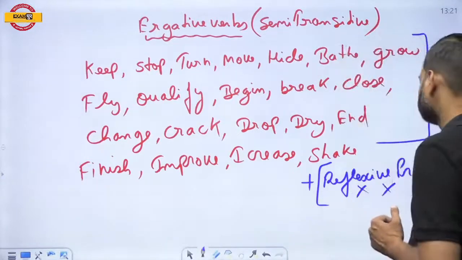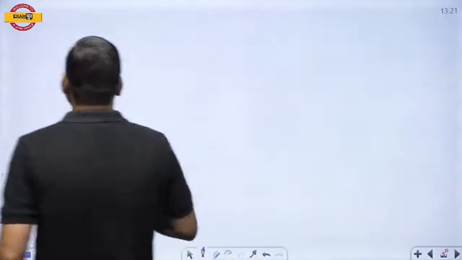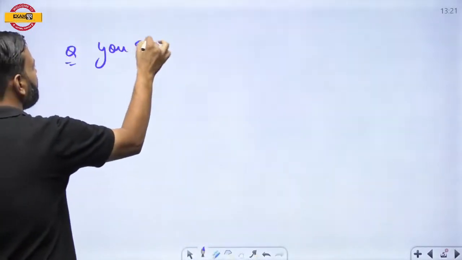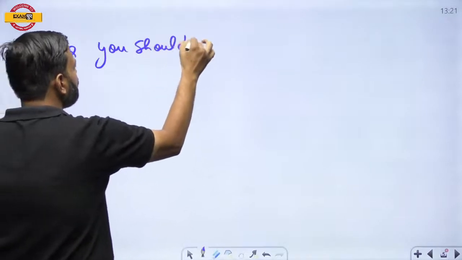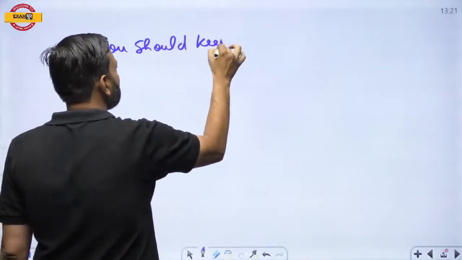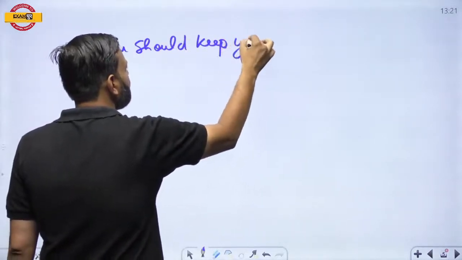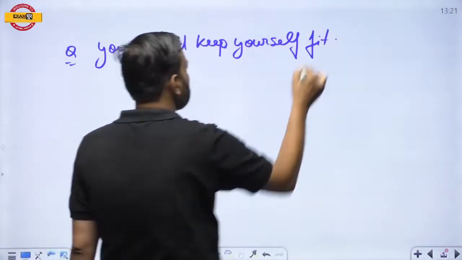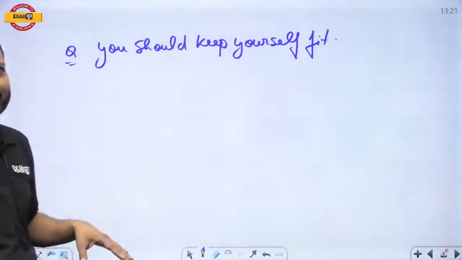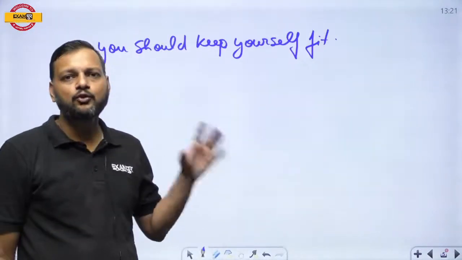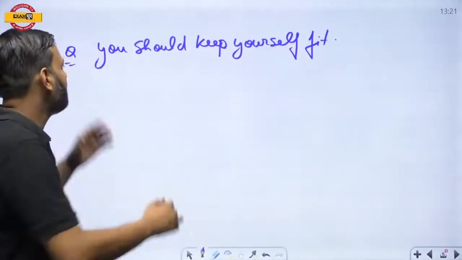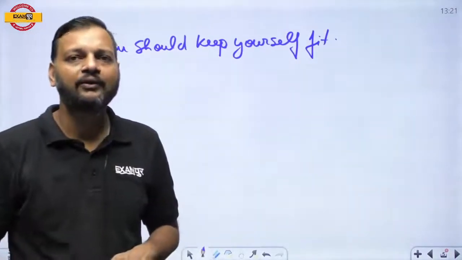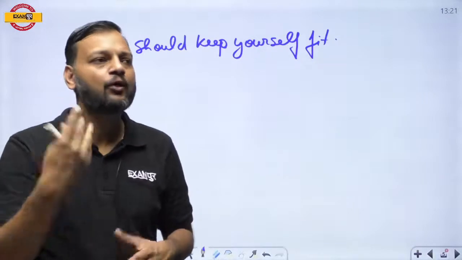Let me explain. See, when we write, you should keep yourself fit, this sentence appears to be correct, because I am telling you that you should do something so that you can be fit.